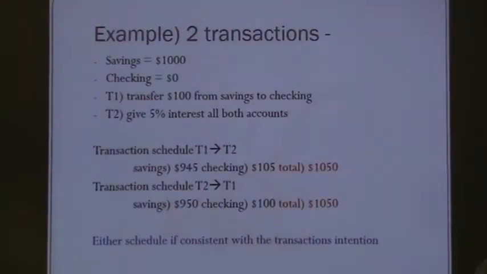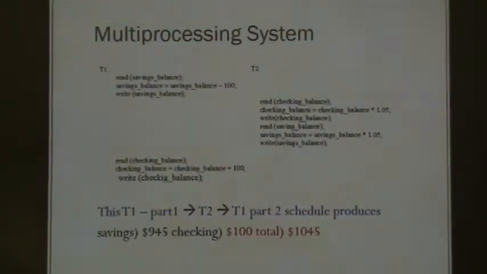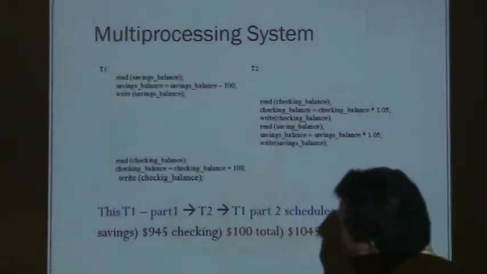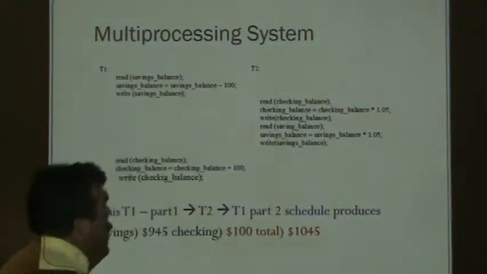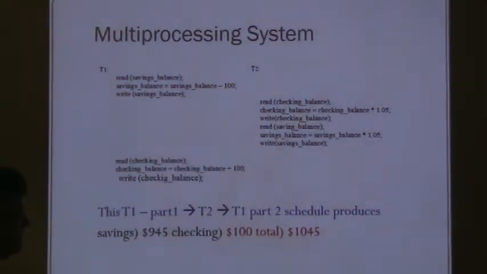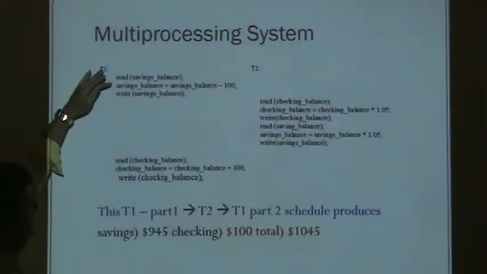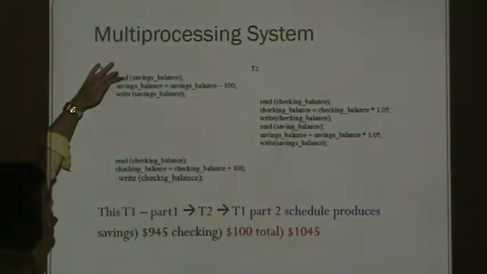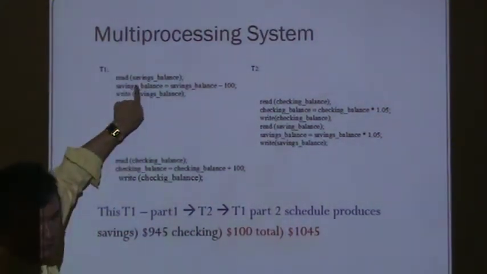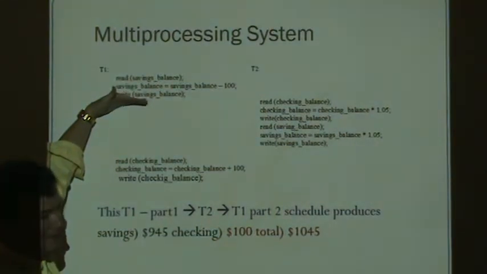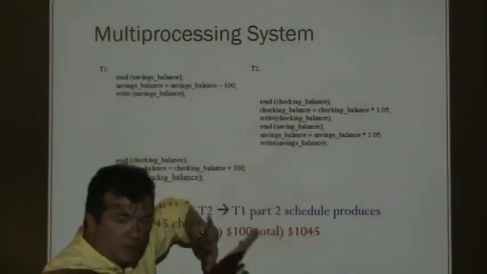So an issue could come if we had this situation. Suppose the first transaction was running and it updated the savings account. In other words, it subtracted $100 from the savings account. And then the system said, okay, hold on, something else is going on at the moment.